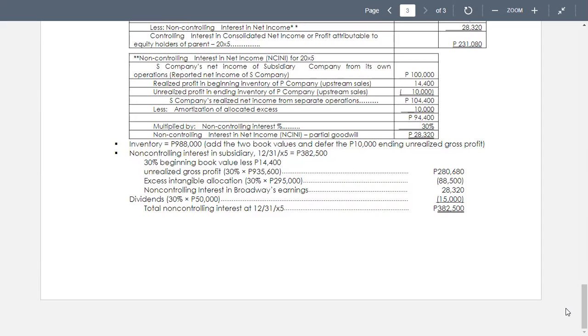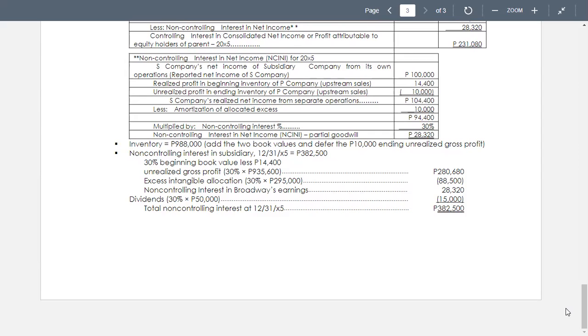In allocating the newly acquired subsidiary's fair value at the acquisition date, PT noted that SS had developed a customer list worth 65,000 and not recorded on its accounting records, and it had a 5-year remaining life. Any remaining excess fair value over SS book value was attributed to goodwill.